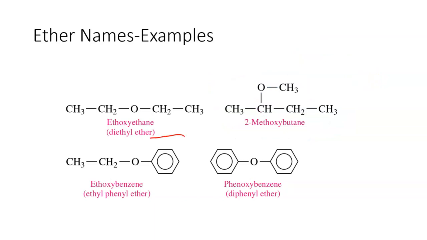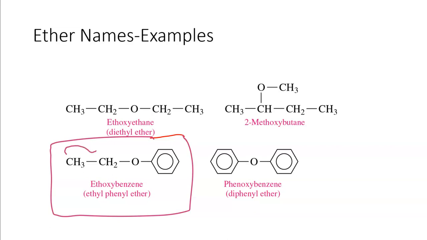In this example, where do we have to split the oxygen carbon atom? Now, if I look at the two sides of the oxygen atom, this side contains two carbon atoms and this side contains how many carbon atoms? It has 6 carbon atoms, right?